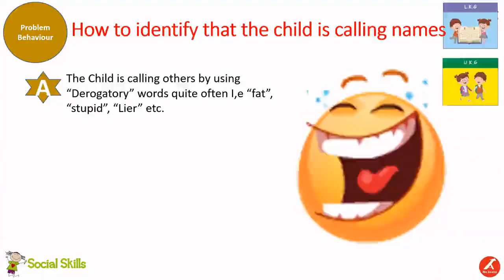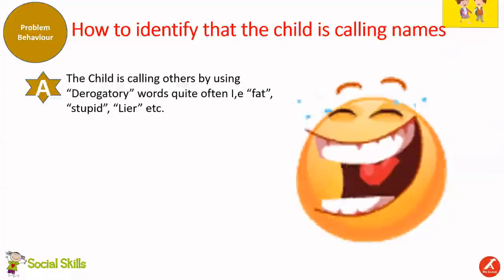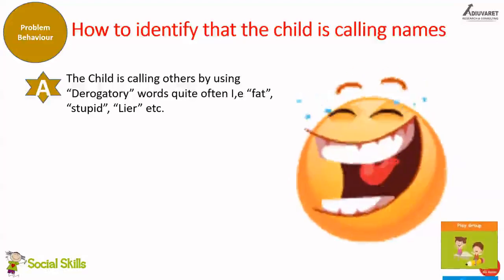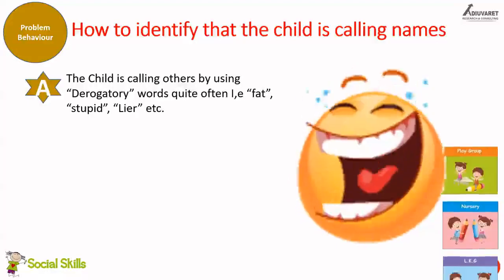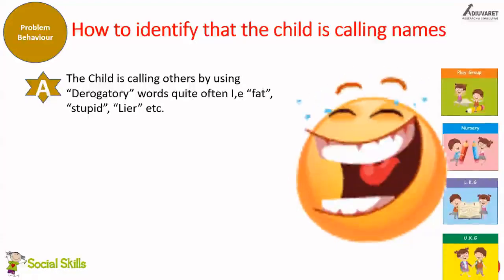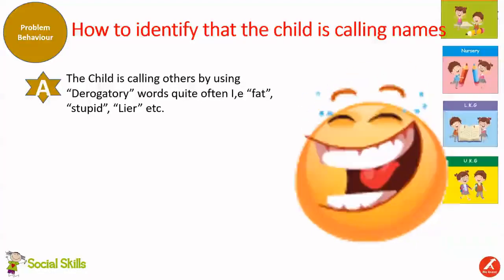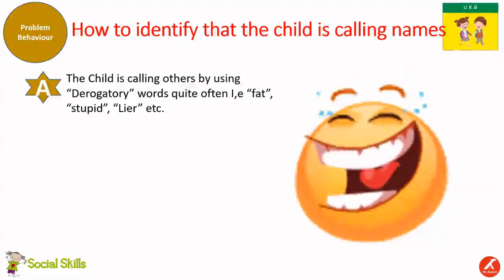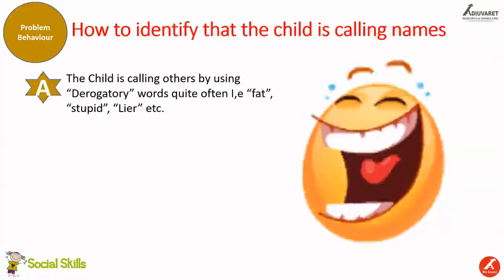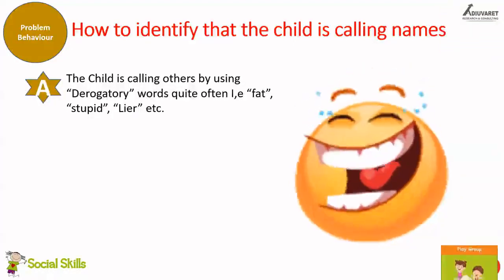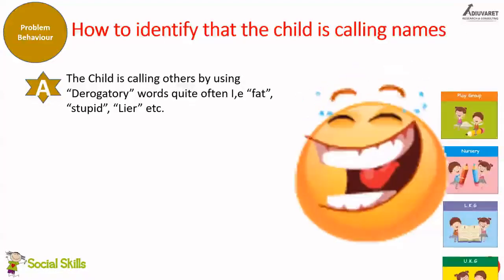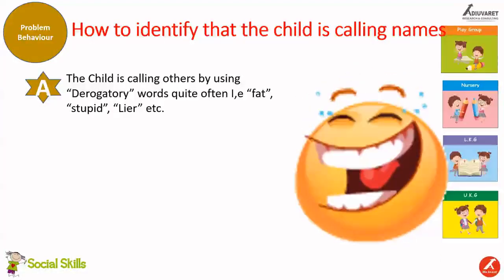And when such things happen continuously in a given environment, then the child becomes a victim of all negativity, and the child himself or herself starts believing that he or she is useless, he or she is powerless.